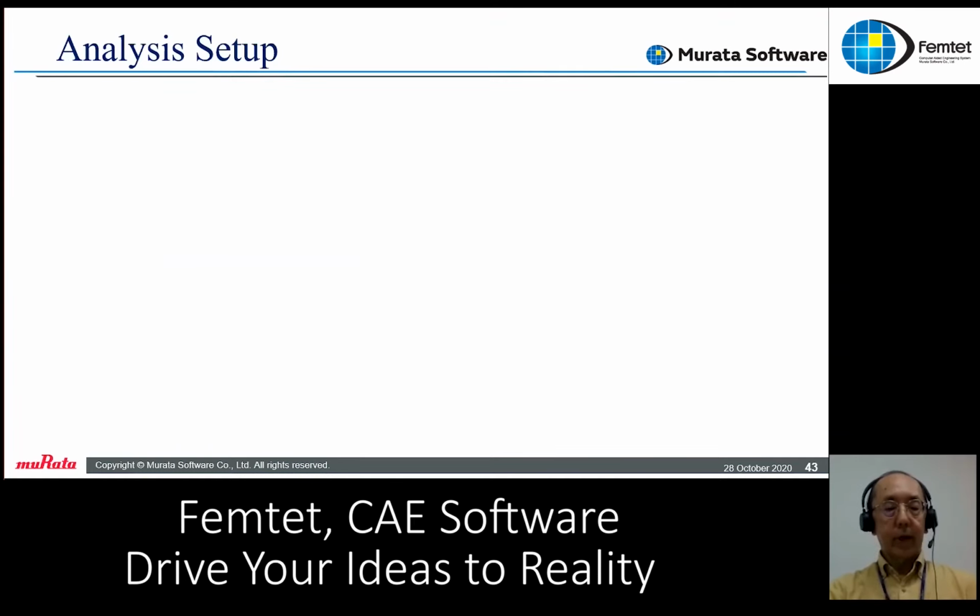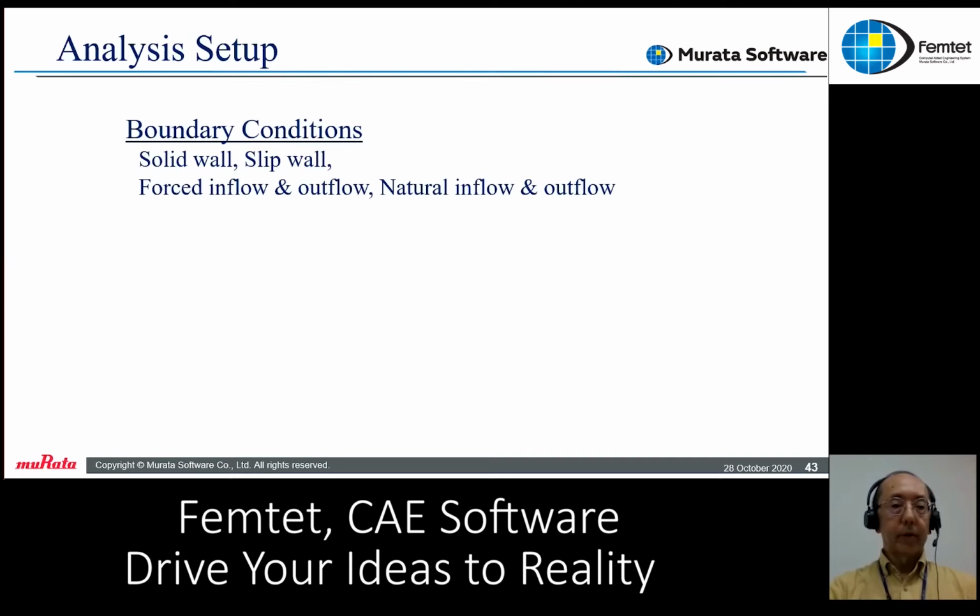Now, analysis setup. Boundary condition. You can set solid wall, slip wall, forced inflow and outflow, natural inflow and outflow.